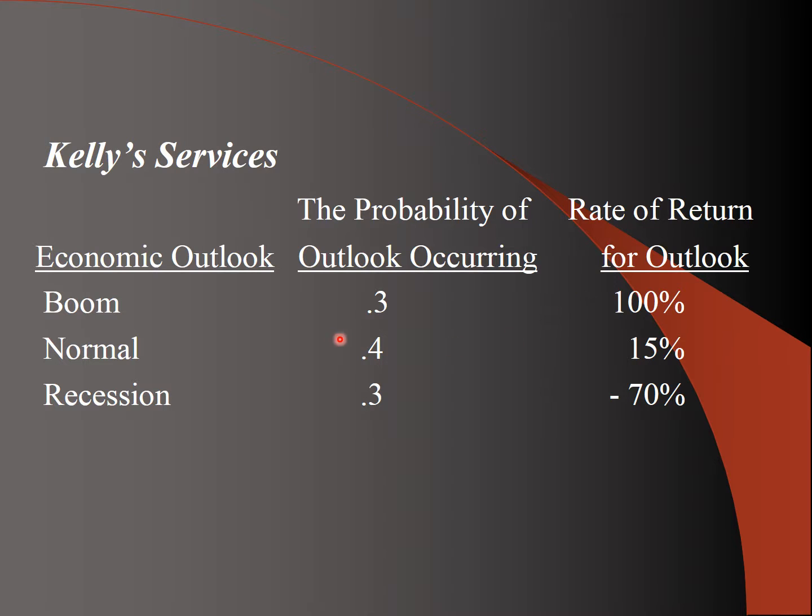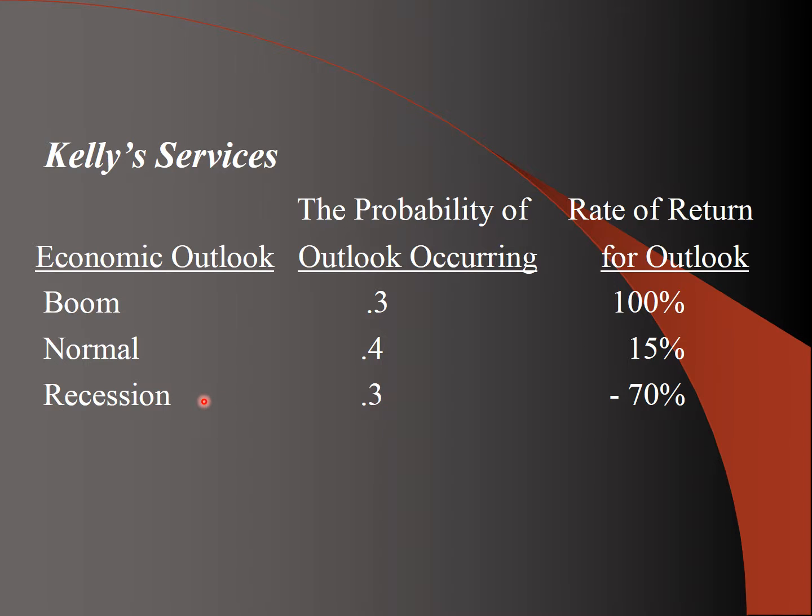If we have a normal economy and there's a 40% chance of a normal economy occurring, then it is forecasted that Kelly Services would yield a 15% rate of return.